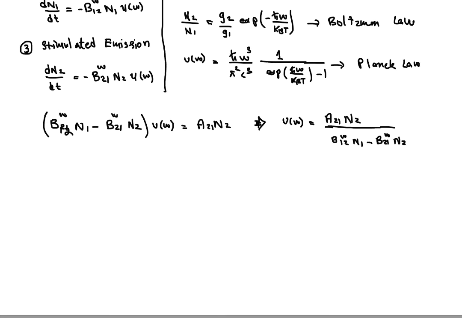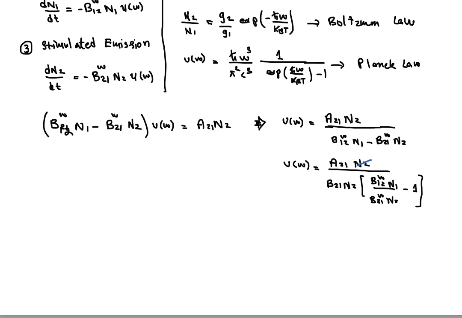If we take this B21 N2 common, we can write u of omega equals A21 N2 divided by B21 N2, and here we have B12 omega N1 over B21 omega N2, and we have minus 1.